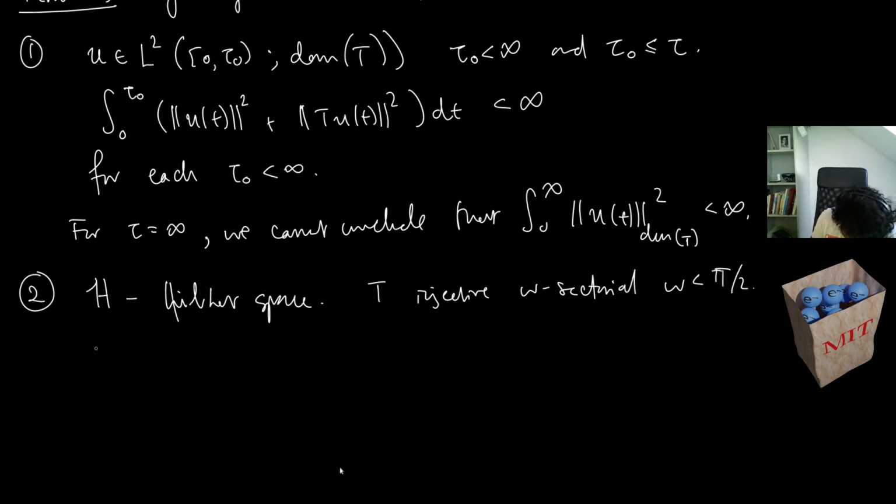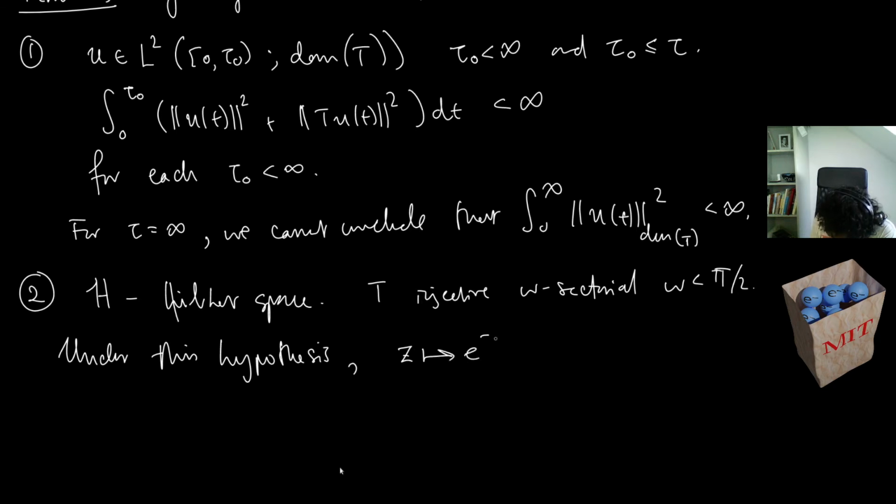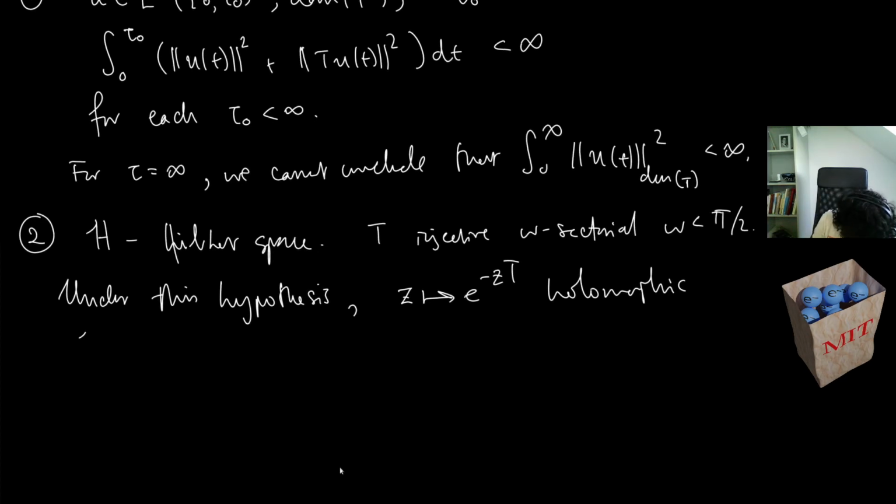The reason is that under this hypothesis, we actually get that z mapping to e to the minus zt is holomorphic for z in the open sector of angle pi on 2 minus omega, minus some small epsilon for epsilon positive.